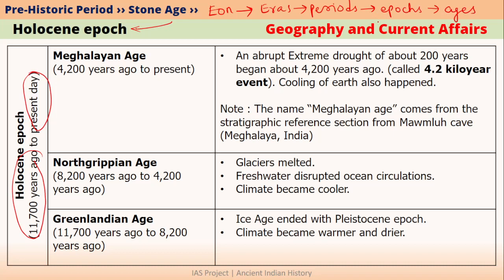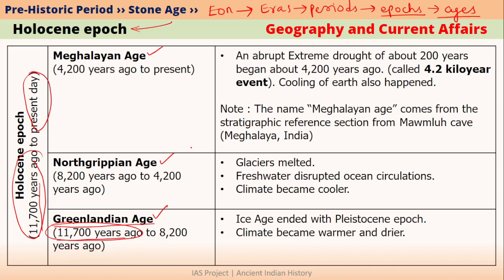Similarly, you can see here that the Holocene Epoch is divided into three ages. They are the Meghalayan Age, Northgrippian Age and Greenlandian Age. The Greenlandian Age is basically the oldest age within the Holocene Epoch, because the Holocene Epoch started 11,700 years ago and the Greenlandian Age also started 11,700 years ago.